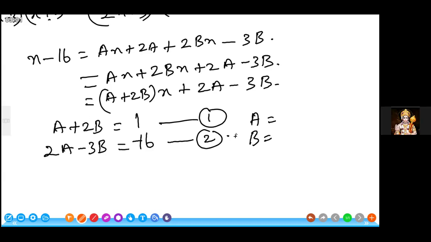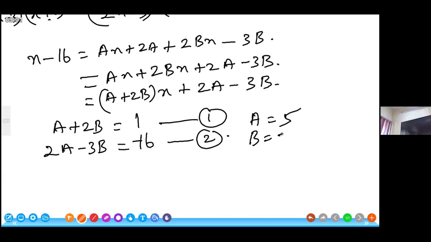A is 43 by 7, b is minus 18 by 7. I'm getting a different answer. Anybody else?